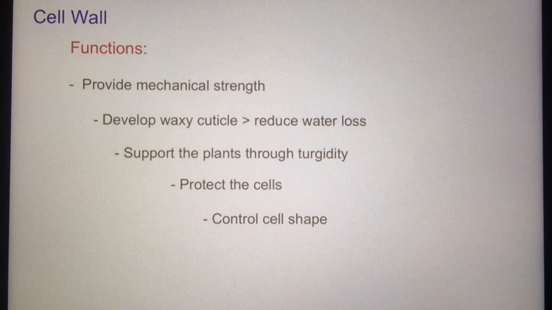Cell wall supports the plants, especially herbaceous plants, through turgidity. They can prevent the cell from bursting due to osmotic pressure. The other function of cell wall is to protect the cell from physical damage, as well as they control the growth of the cell by limiting the cell size and shape.